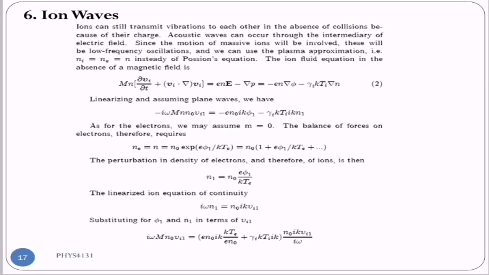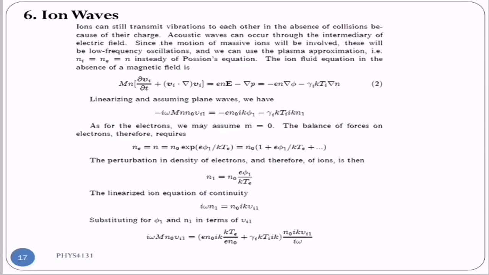The balance of forces on electrons requires that ne is equal to n naught exponential of e phi 1 over kTe, or we can also write it as n naught into 1 plus e phi 1 over kTe plus so on.